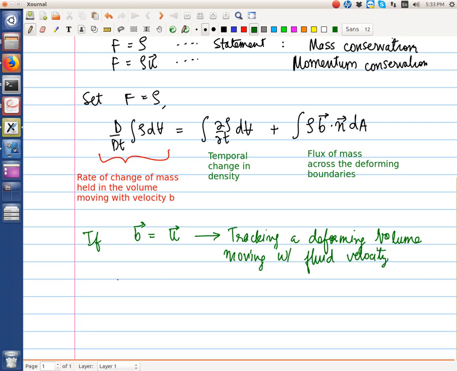So essentially we are tracking an identified volume as it moves and deforms.